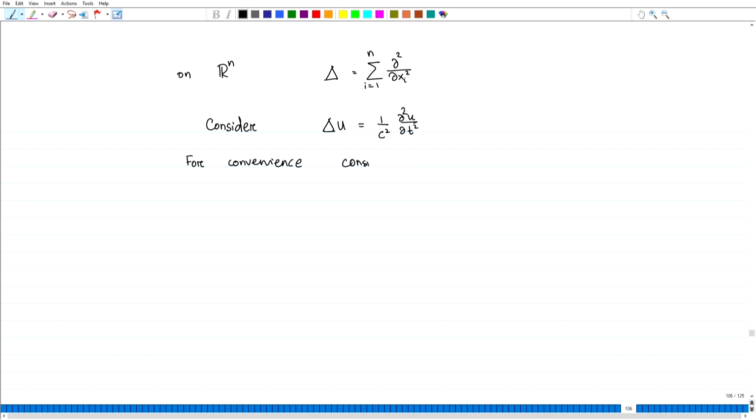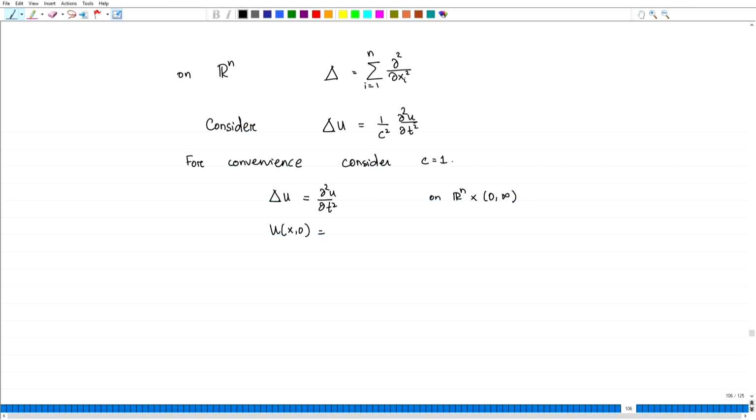Now, for convenience, let us consider c to be equal to 1. And then the problem we are interested in is delta u is equal to del square u by del t square on R^n cross (0, infinity), with u of x, 0 on the upper half plane.